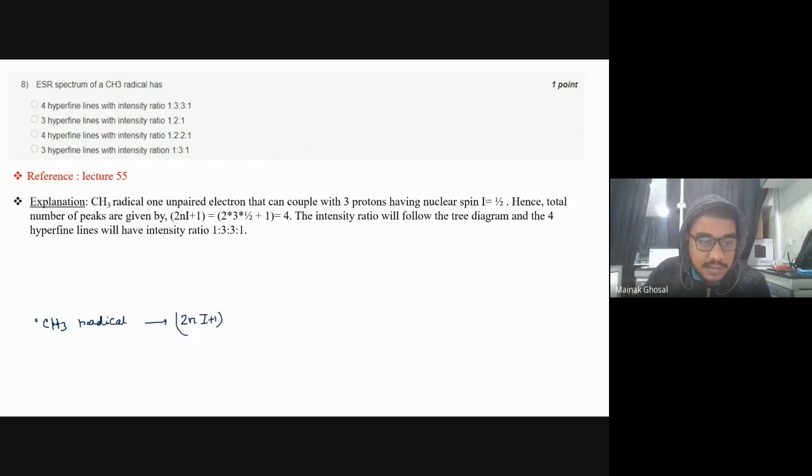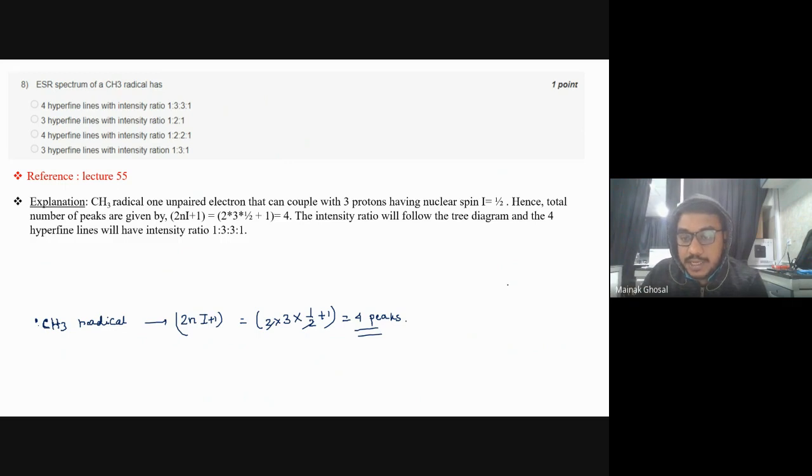Since carbon is C12, nothing is mentioned, it means it is C12 and it is inactive, so it will not interact with the unpaired electron. But these hydrogens will interact, and this will give 2 into n, means 3 hydrogens, into I, which is half for hydrogen, plus 1. So the 2 and half cancel and this will give you 4 peaks. So 4 peaks will be there for the CH3 radical in the ESR spectrum.